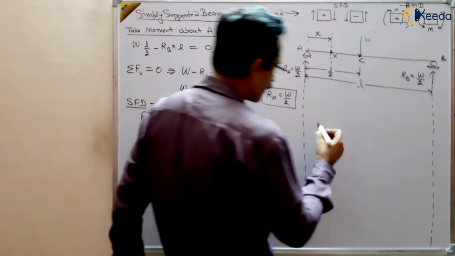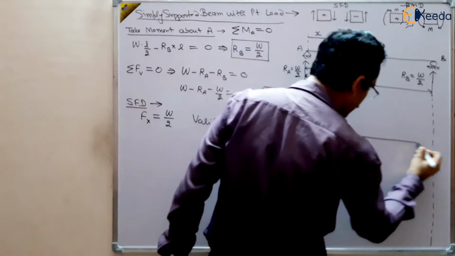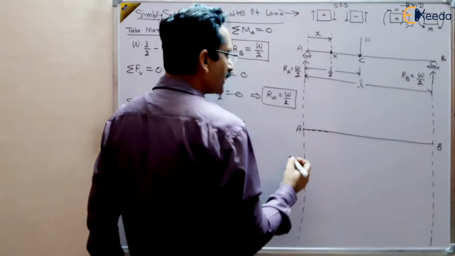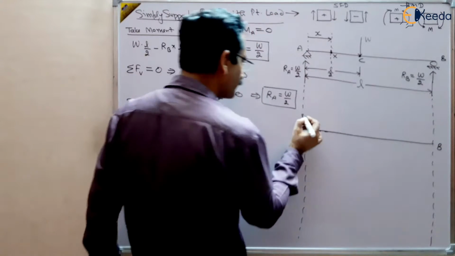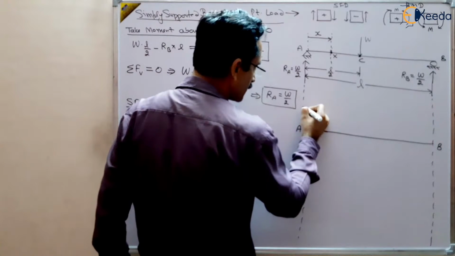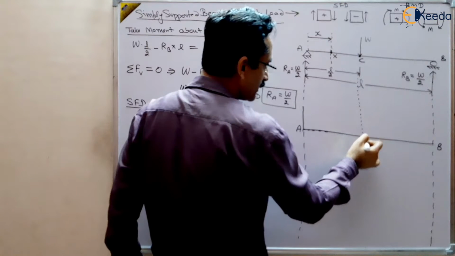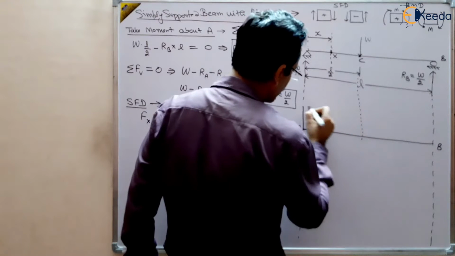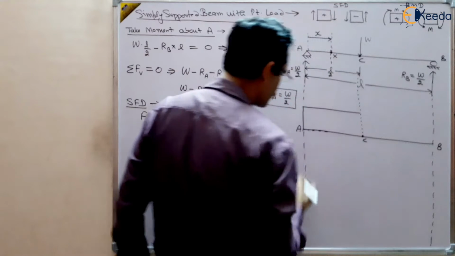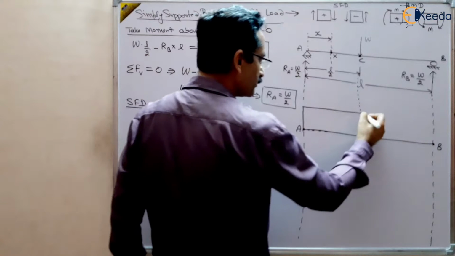So let us side by side draw the shear force diagram also. This is our base AB, this is our beam, and this is positive W by 2. W by 2 is positive here, and it is valid from A to C, right?